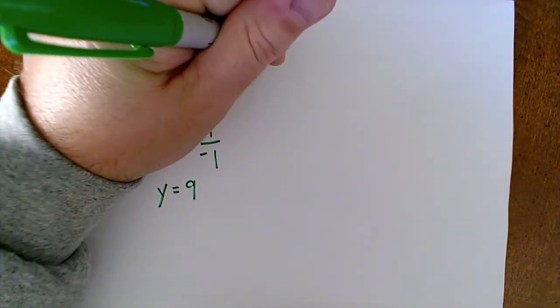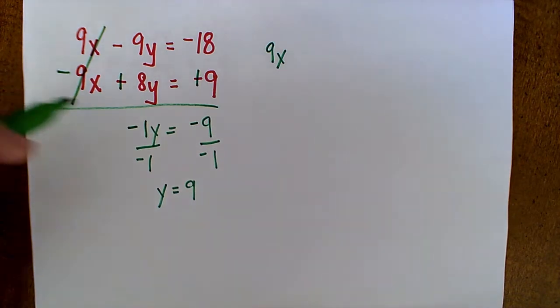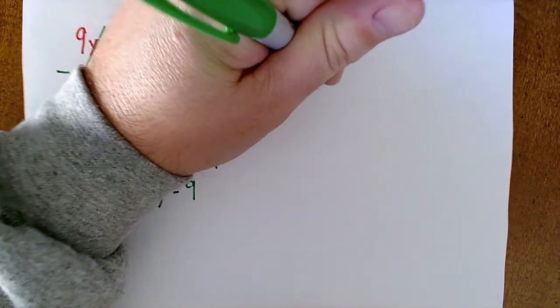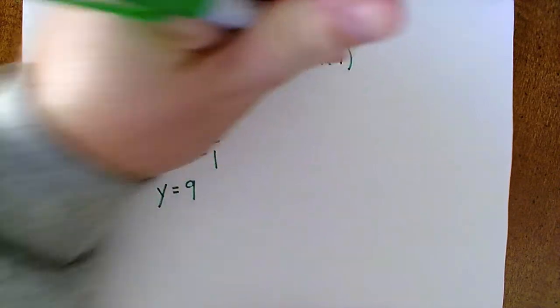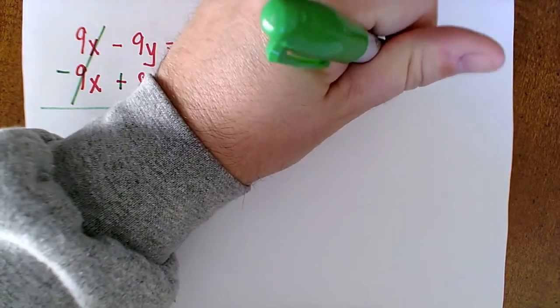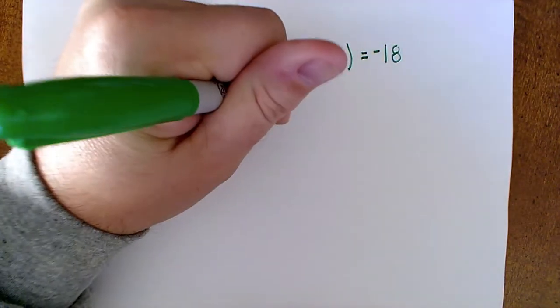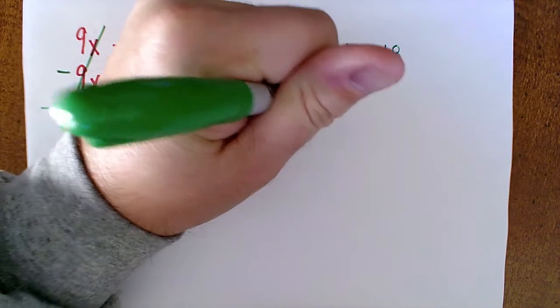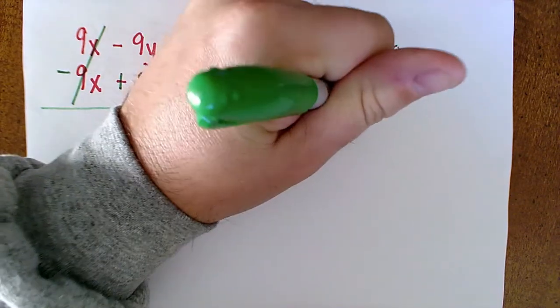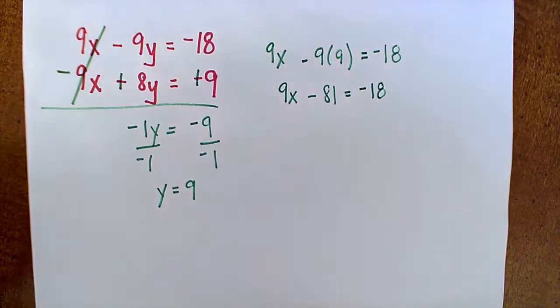We have 9x minus 9 times 9 equals negative 18. 9x minus 81 equals negative 18.